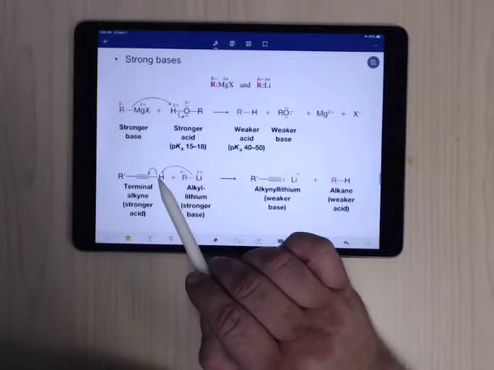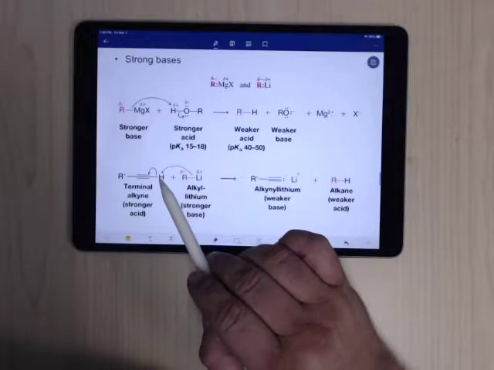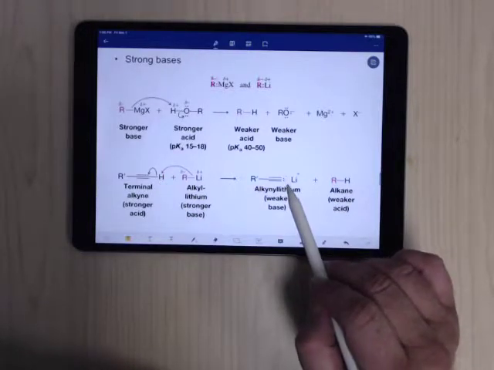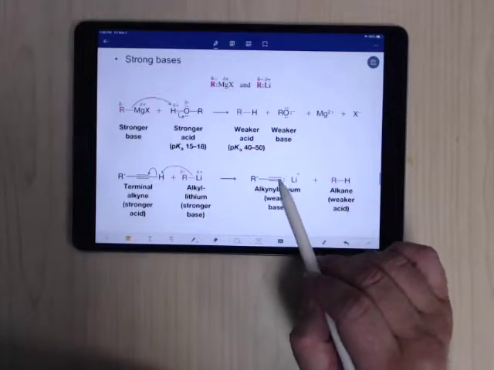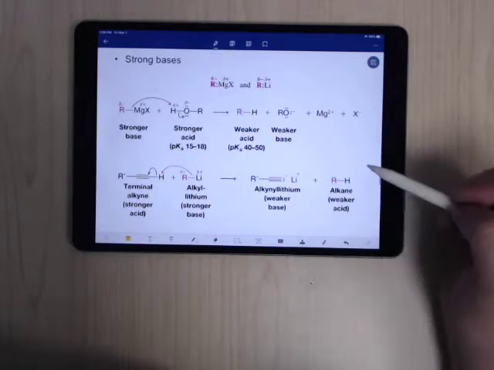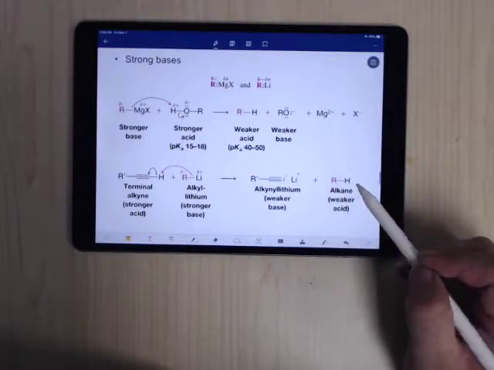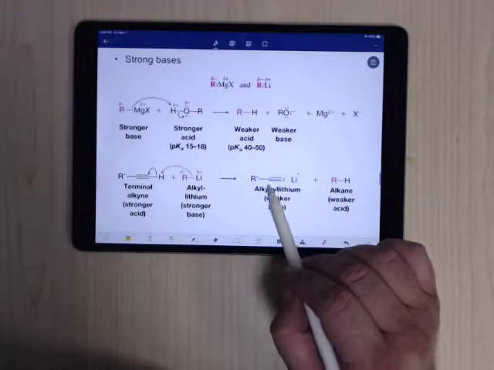You can use them instead of sodium amide to rip off the hydrogen on a terminal alkyne to make this nucleophile. And the nice thing is you usually just end up with an alkane at the end, which is completely unreactive, so this is going to be your only nucleophile.